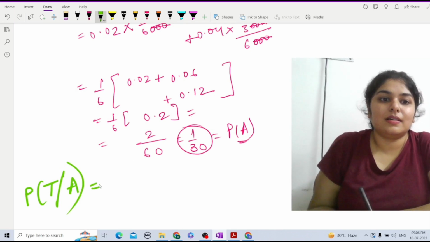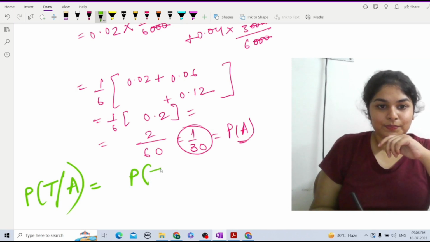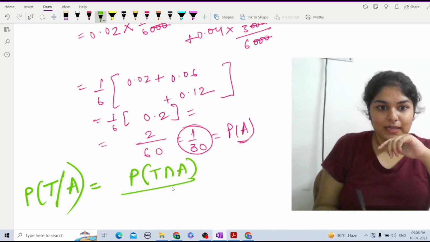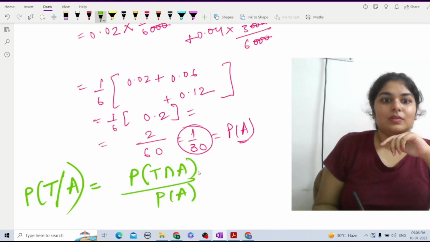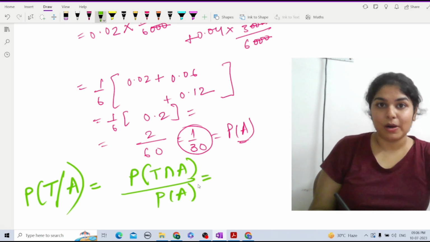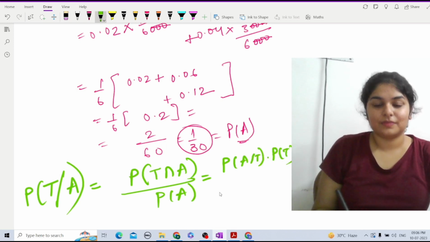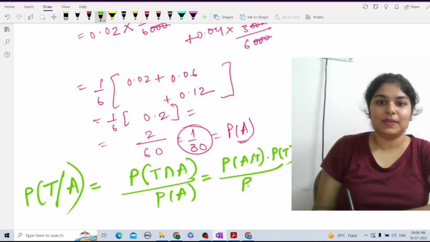So what is the formula of a conditional probability? That is probability T intersection A by probability of A. Now this can be written as follows using the compound probability formula, that is probability of A given T into PT, divided by PA.